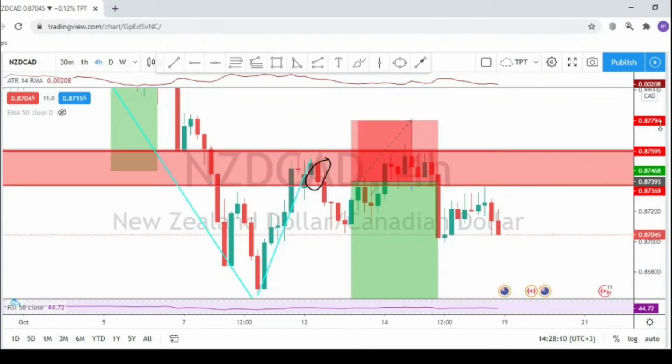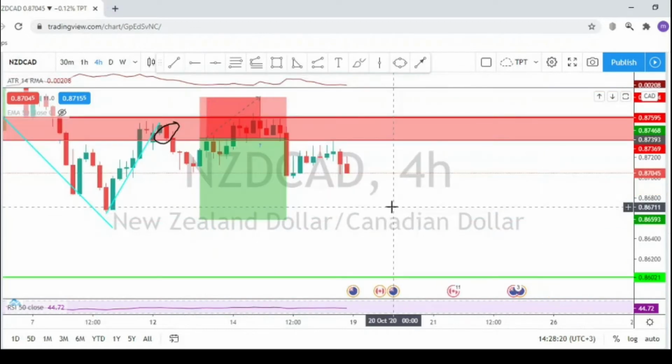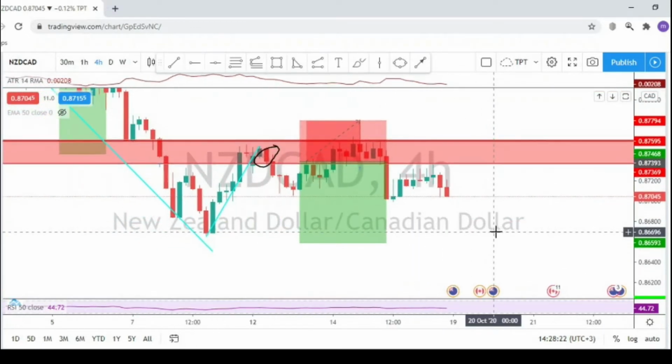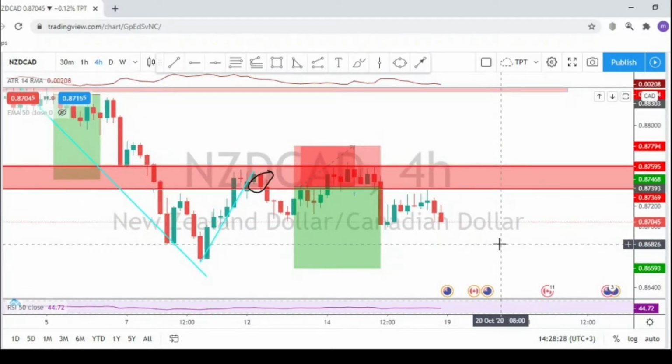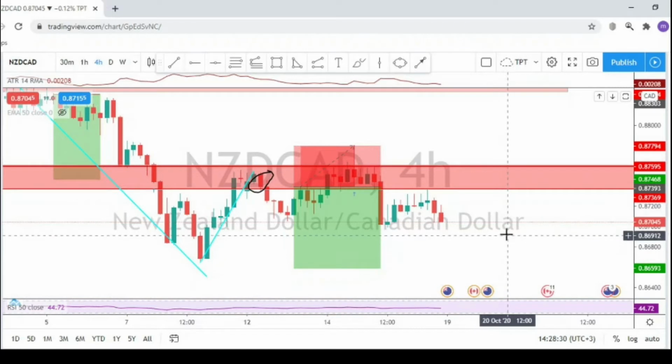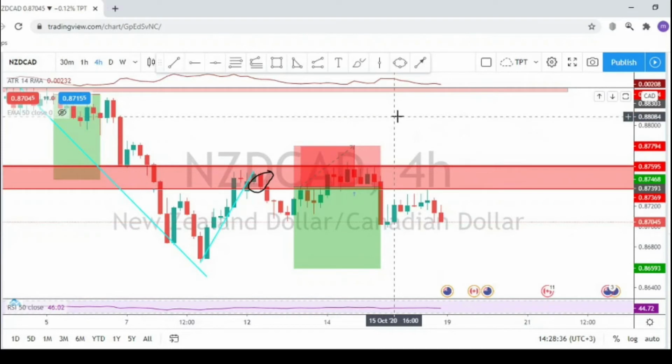But hey, do you know what just happened? I took 2 trades on 2 currency pairs. One is dollar Canadian, which I found a reason to buy, and the other one is New Zealand Canadian, which I found a reason to sell. On these 2 trades, I'm certain that one is going to be a win or one is going to be a loss.